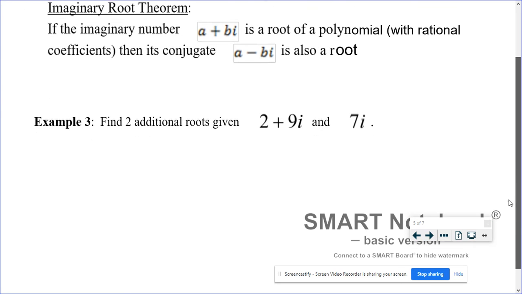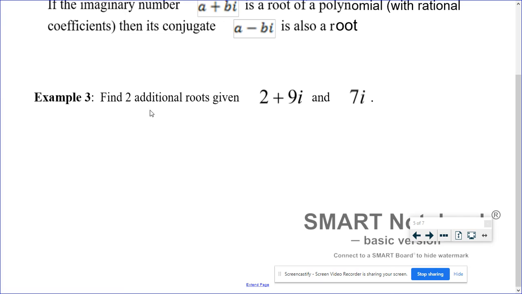So we are going to find 2 additional roots for these. If 2 plus 9i is a root, then 2 minus 9i is a root. And if it's a monomial, it's just the opposite. So if 7i is a root, negative 7i is a root.